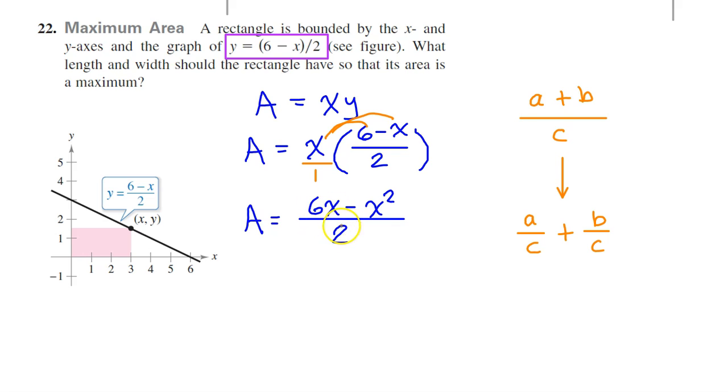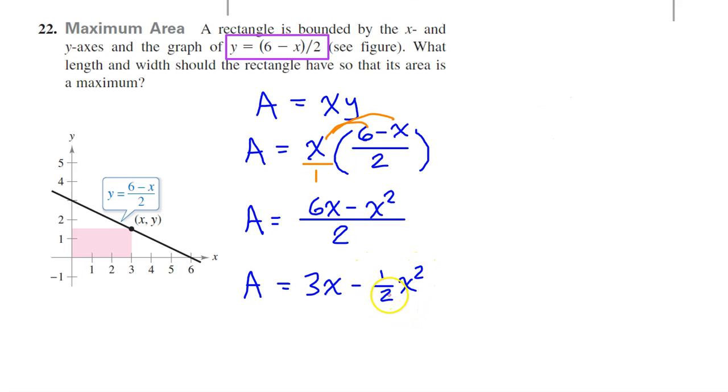I'm going to rewrite this using the a plus b over c rule, which says we can rewrite an expression like this as a over c plus b over c. In my mind, I'm thinking this, but I'm going to erase this in a moment. Instead of 6x over 2, I'm going to put 3x. And instead of x squared over 2, I'm going to put 1/2 x. Did I say 1/2 x? I meant 1/2 x squared.